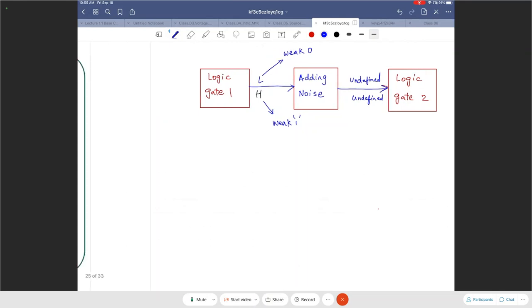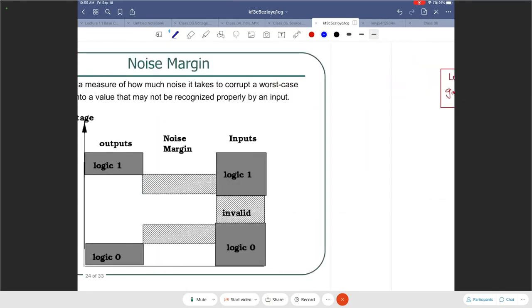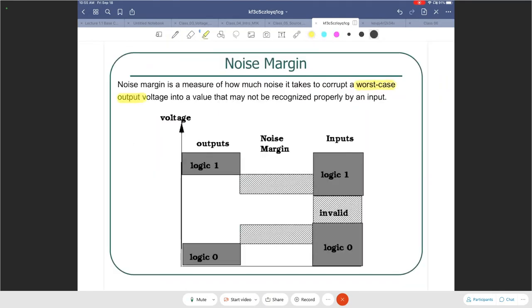So that is why we talk about the worst case output voltage, and not just any output voltage. Now, noise could corrupt that so that the input doesn't recognize it properly, right?